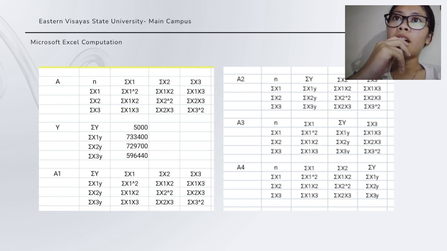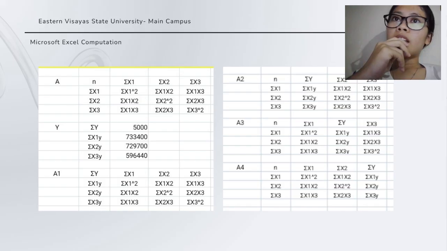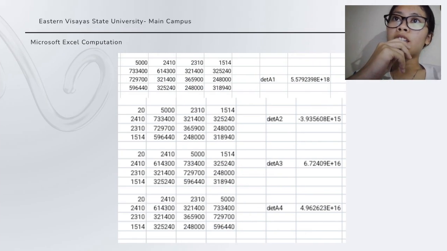So with this formula, substitute niya ang values. So again, Microsoft Excel, nakuha natin ang determinant in each matrix. So that A1, so this is the value, that A2, that A3, and that A4.